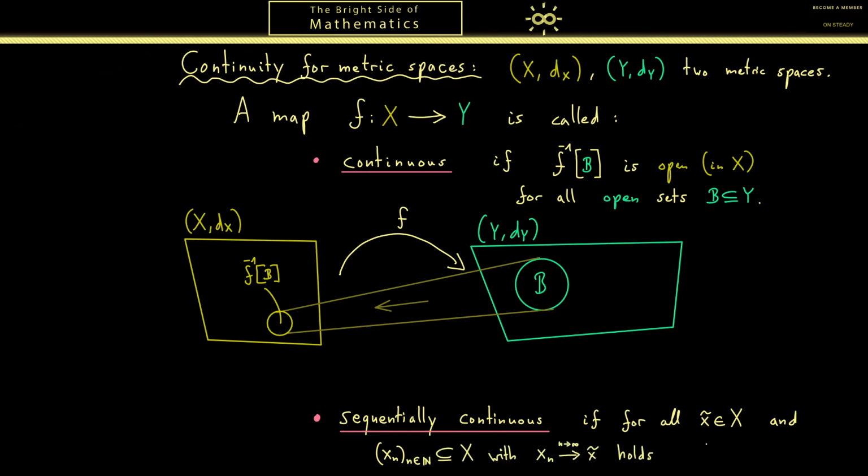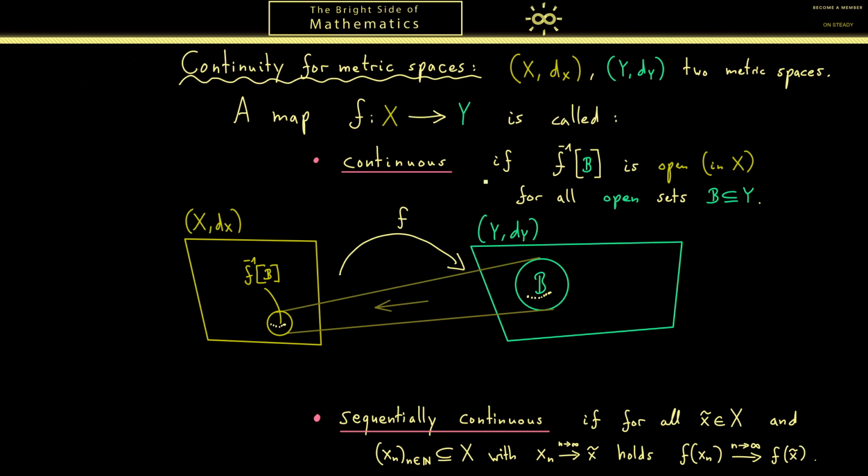Then it should hold that the new sequence f of xn converges to f of x tilde. In other words, every convergent sequence on the left hand side gets translated into a convergent sequence on the right hand side. You might already guess, for us it might be easier to work with the notion sequentially continuous because we just have to deal with sequences there.